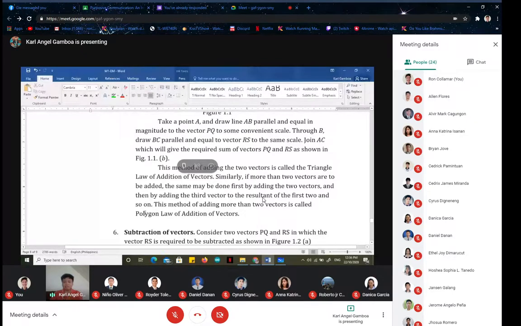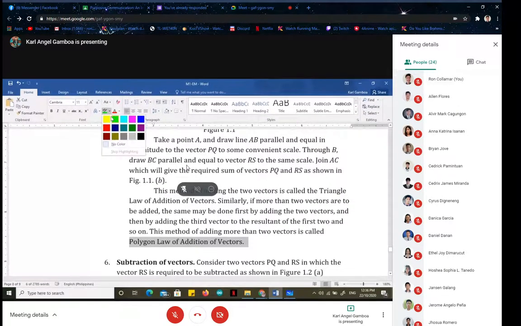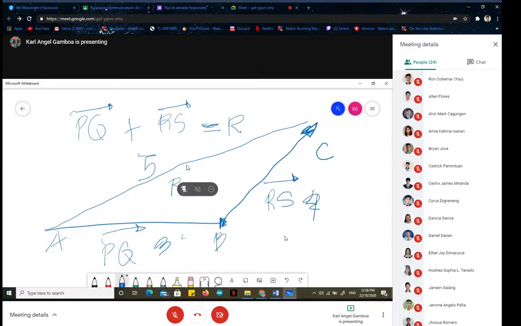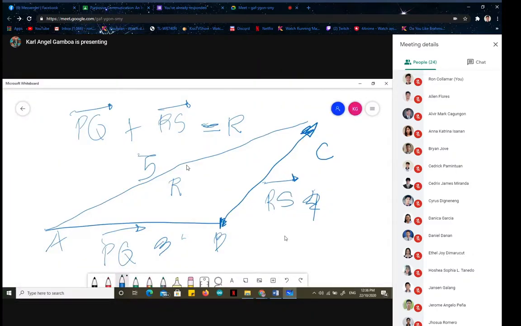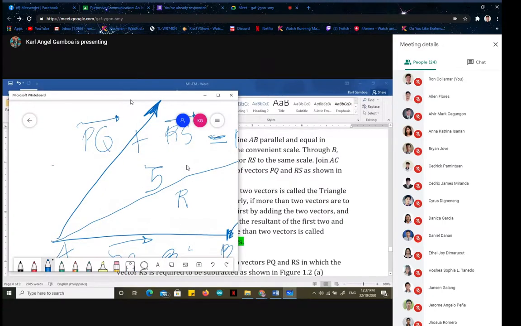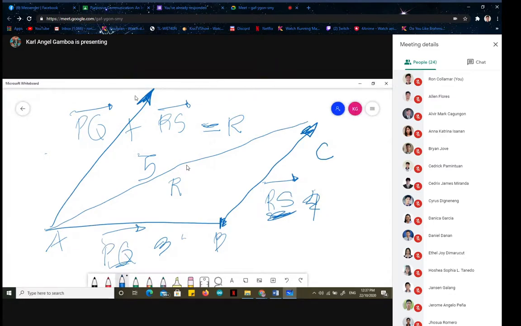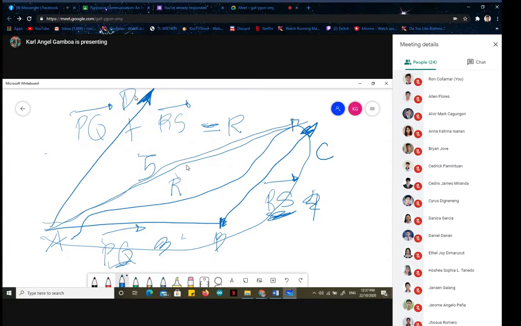This method of adding vectors is called the polygon law of addition of vectors, the main name of our solving method. For example, with three vectors, you have another vector here, let's call it vector D. When you solve, these two will have a new resultant value, and to get the new one, we add both of them again.